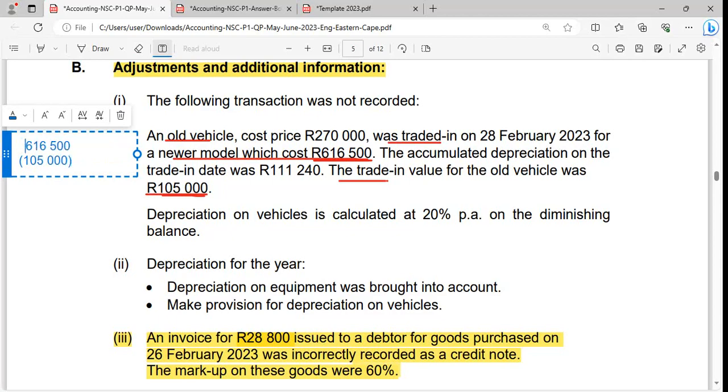So kusho ukuthi imali ekumele siyigcwalise ukuze sithole lene entsha, uma angithi if besinga-trade in bekumele sivele sikhokhe nje u616,500, but ngenxa yokuthi sihambise endala, i-value yale ndala izo-reducer leya amount yale nentsha. So uma simayinaza laphana kusala ibhalansi ka-511,500. So le siyikhokha cash. Leya value ka-105 sinikezele nge-vehicle endala, old vehicle.